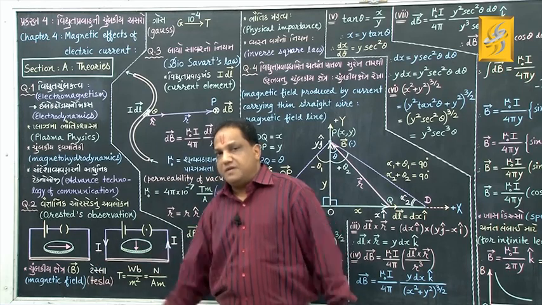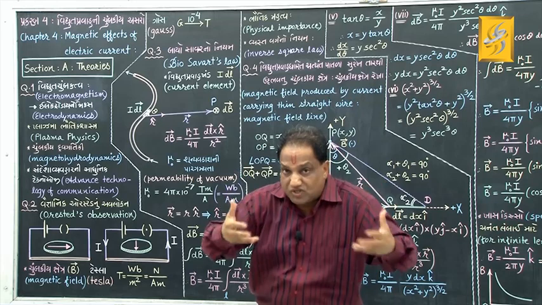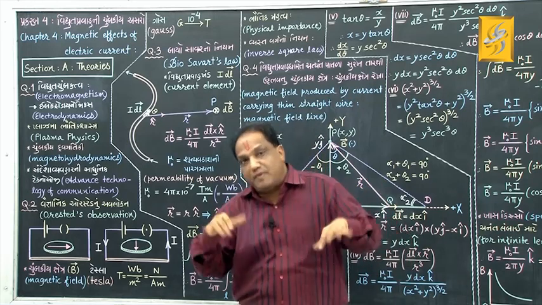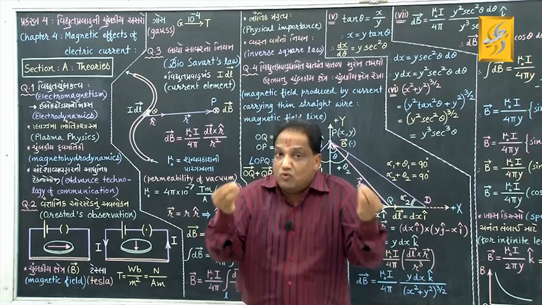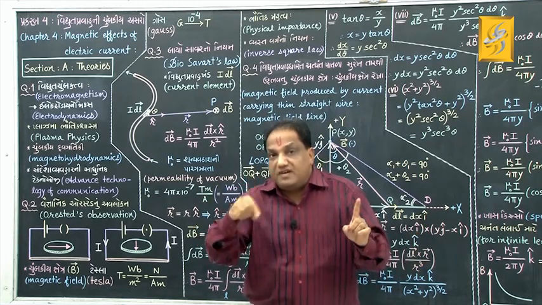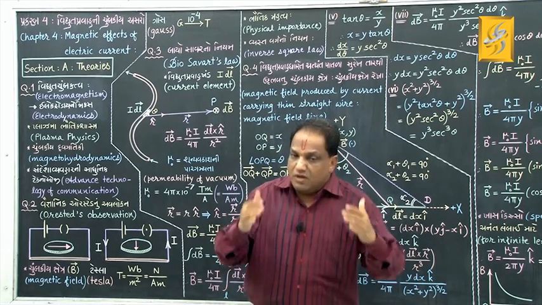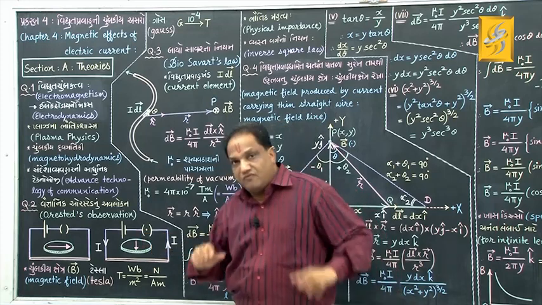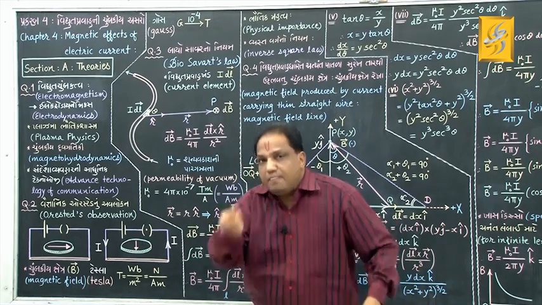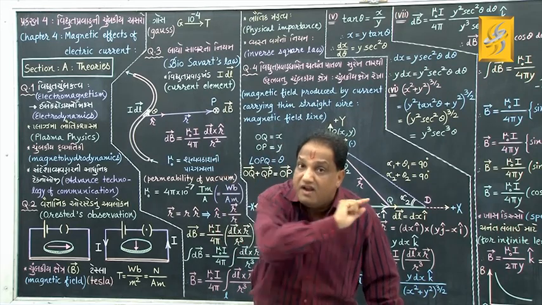Okay? Fine. And later on, the properties of this new force field were examined experimentally, and the scientists realized that this is entirely a new force field which is different than the gravitational field, which is different than the electrical field. Now this is such a force field which affects this magnetic needle, which has some magnetic effect. That's why that new force field was known as the magnetic field.